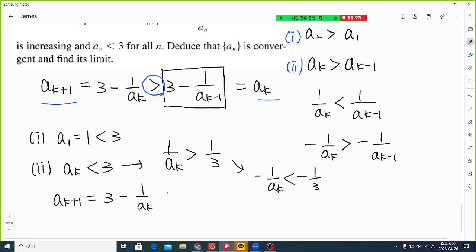So that means this one: if we subtract 1 over ak from 3, that's less than the difference between 3 and 1 over 3.